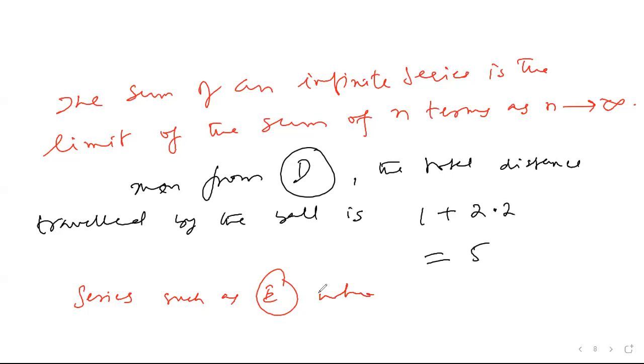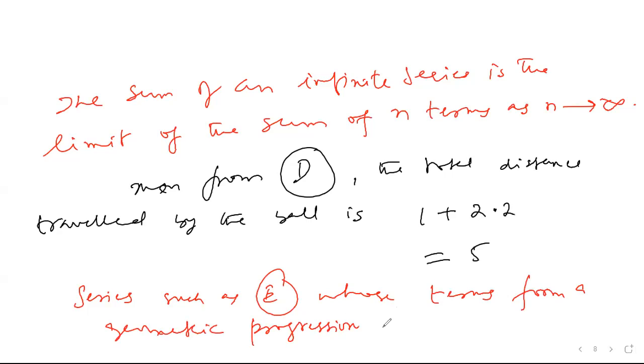Whose terms form a geometric progression are called geometric series, right?